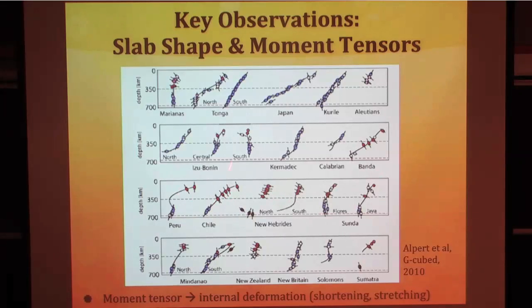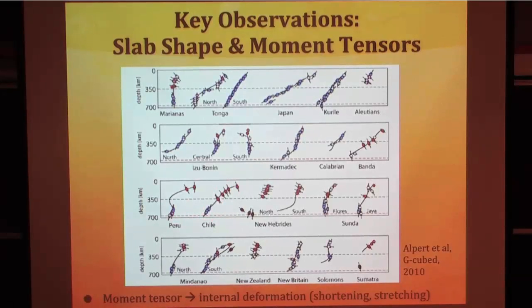Yes, I think that's right. And then in between there's some axes that are not exactly down dip tension or down dip compression. Okay, and so there's an overall pattern. Some places like Tonga are completely in down dip compression, okay, whereas other places like Chile are in tension at shallow depths but compression deeper down.